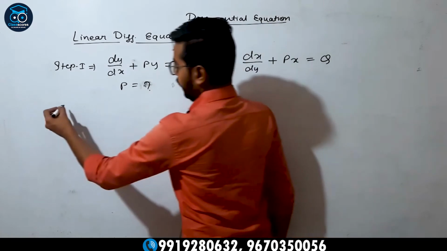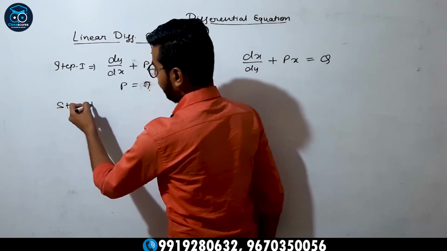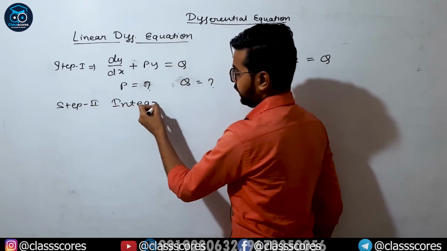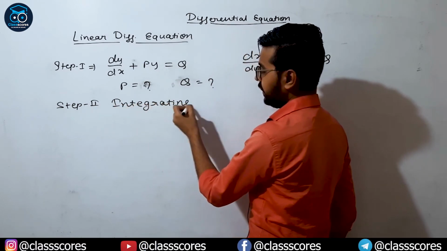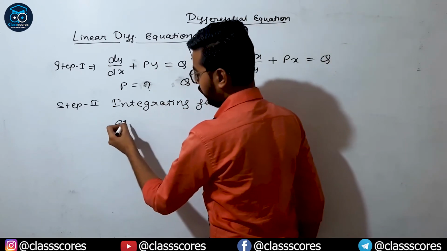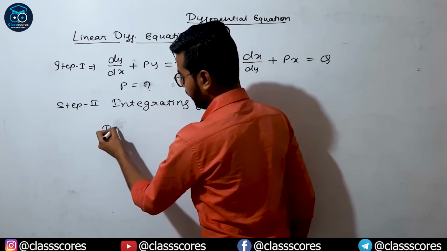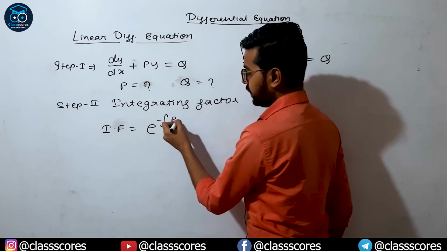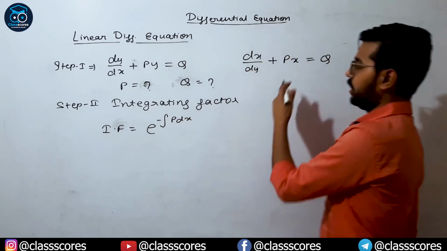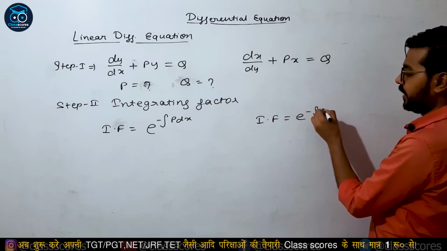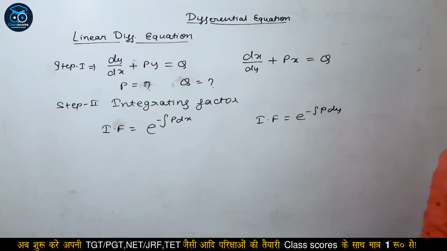Now step 2, to find the integrating factor. The integrating factor is e to the power integration of p dx. Here it will become e to the power integration of p dy. So this is our integrating factor.